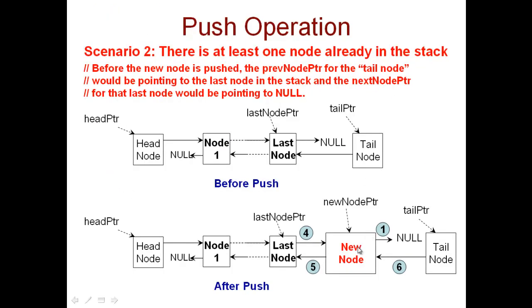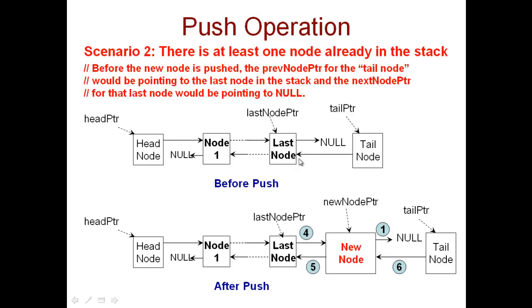So we have so far set the new node's next node pointer to null. Now we need to do the other stuff here. So 4 and 5 are what we have to really think about. The last node pointer will really store the address of the last node in the stack.